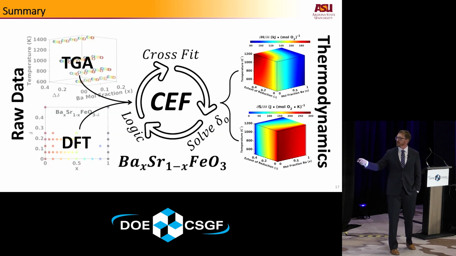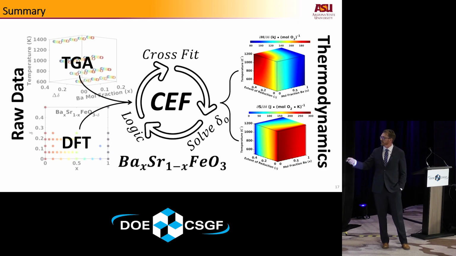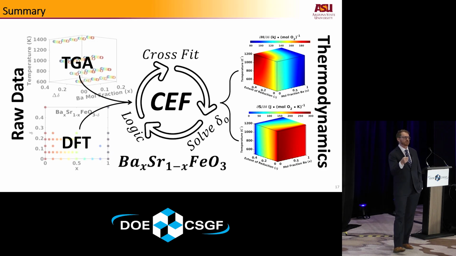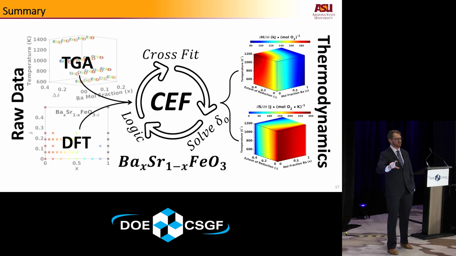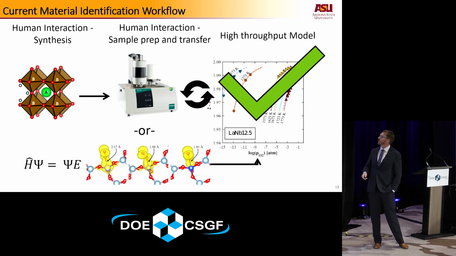And so this is just a summary. You can take an experimental and DFT data set, pass it through, and get these thermodynamic blocks in a high throughput fashion. So now there's no intermediate person needing to develop a very specific type of model for your very specific system. This works for all of these different chemical looping systems. All you need is the data and you get the result. So that takes off the modeling part.